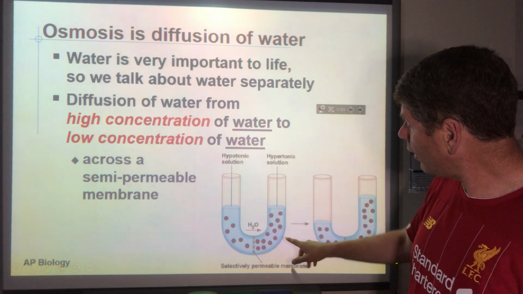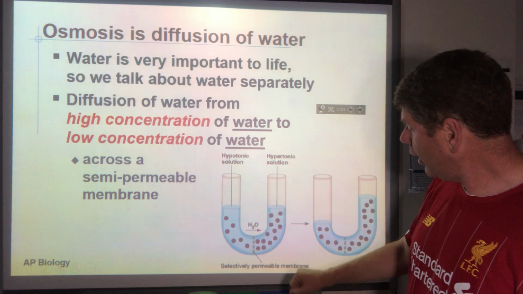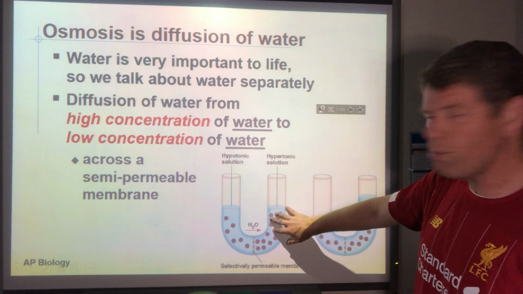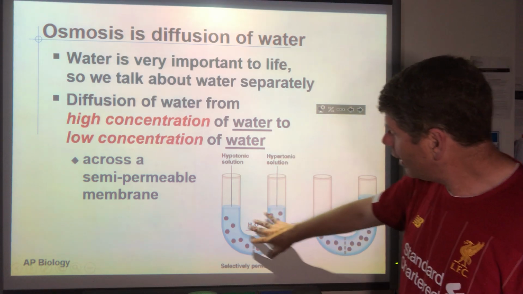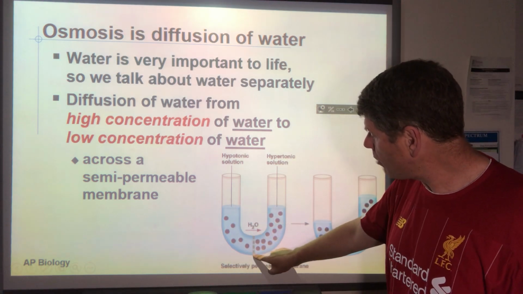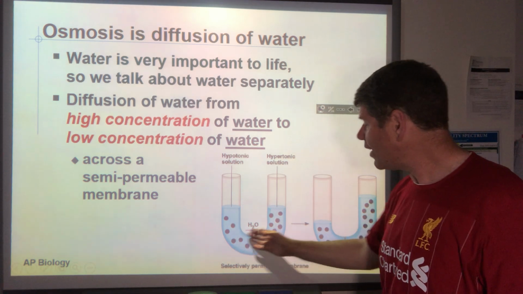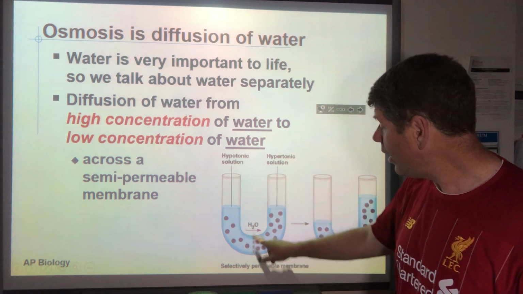And we can tell that at the start of the experiment here, we have a lot more dissolved solute, maybe like salt, a lot more dissolved salt on this side than the other side of this barrier. Now we're going to assume that the particles of solute cannot cross the barrier. This time what can cross the barrier is the water.